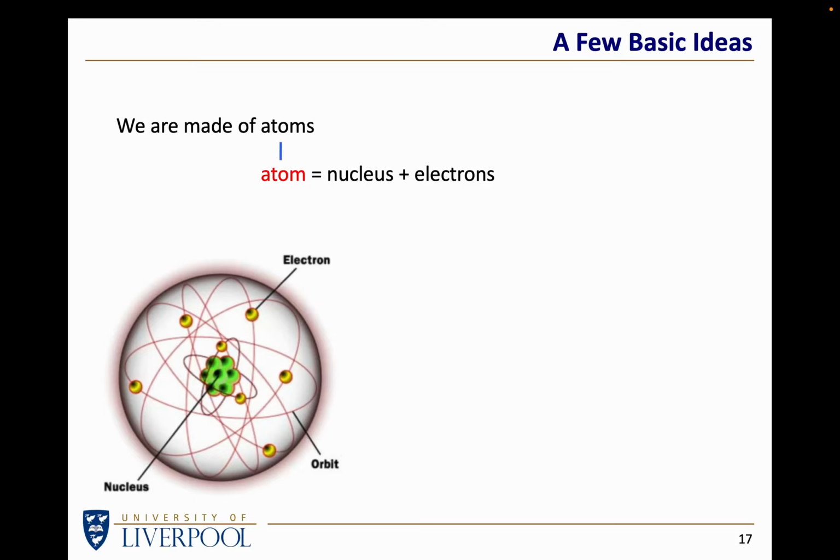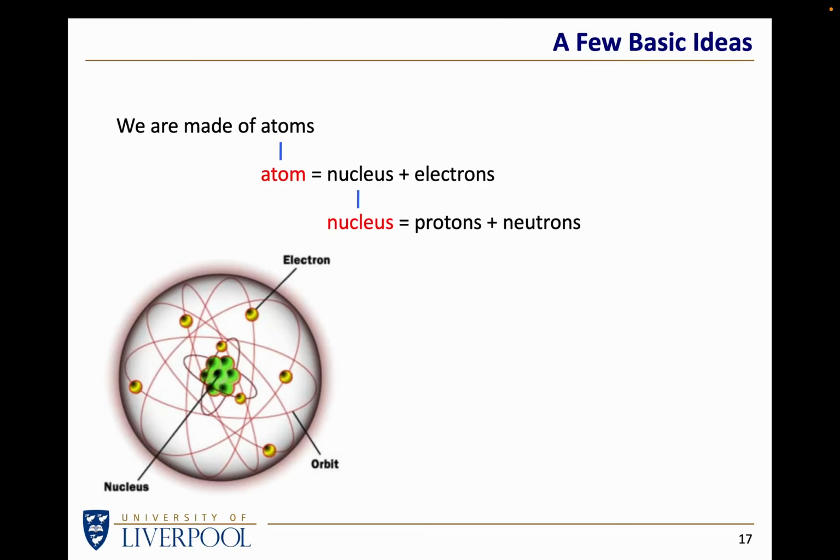You can, in principle, look inside a nucleus, and you can find out that the nuclei of most atoms are made up of protons and neutrons. These are the names we give to the particles. We're not going to turn this into a particle physics lecture, but there are different types of particles within a nucleus, some of which have an electrical charge, we call those protons, and some of which don't, we call those neutrons.